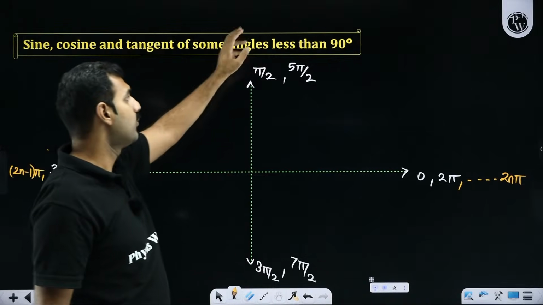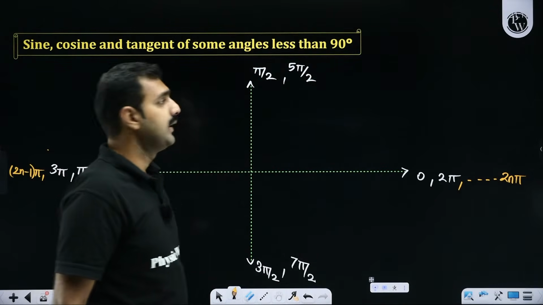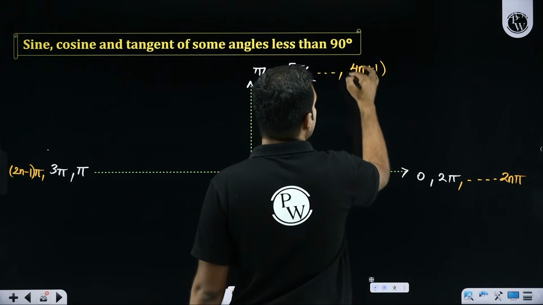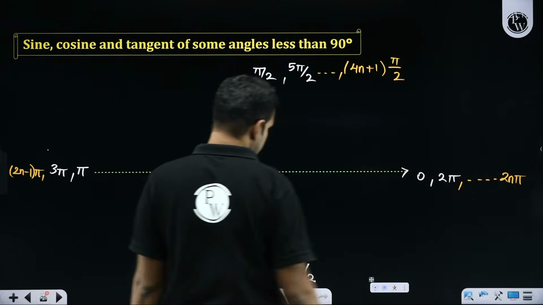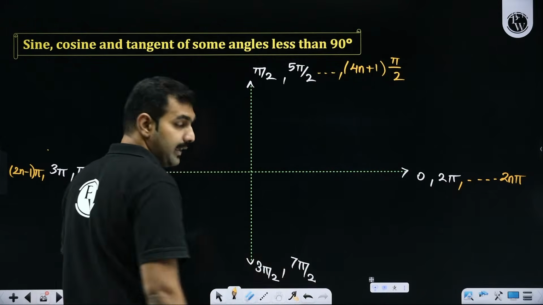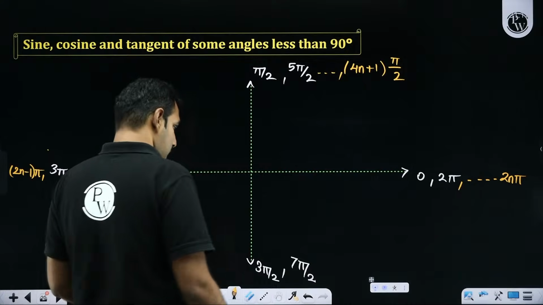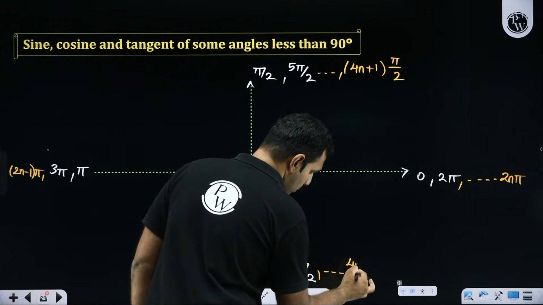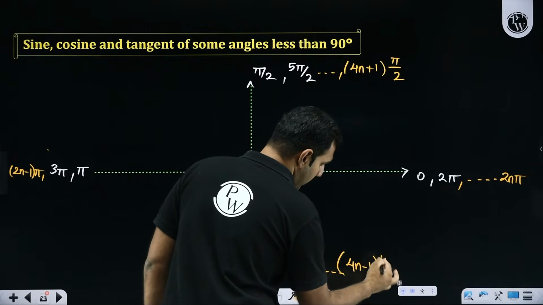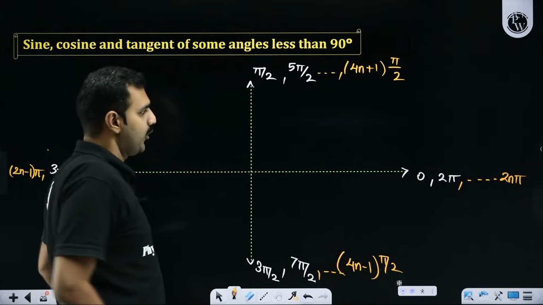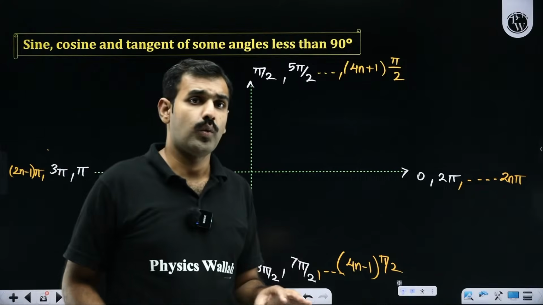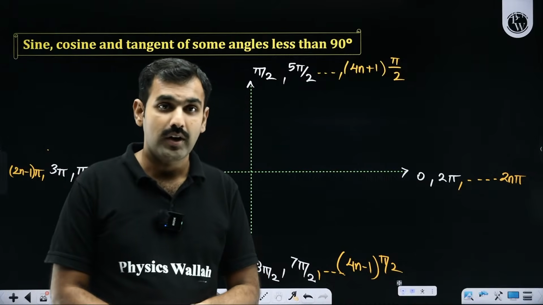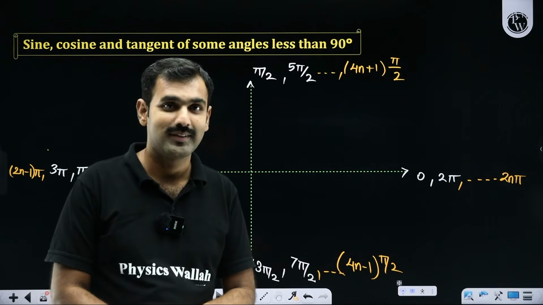So pi by 2, 5 pi by 2, 9 pi by 2, it's like 4n plus 1 kind of a multiple of pi by 2. 3, 7, 11, 15, so that's clearly 4n minus 1, or you can say 4n plus 3, whatever you wish to call it, times pi by 2. So I hope first of all you have been able to identify what kind of angles lie there.